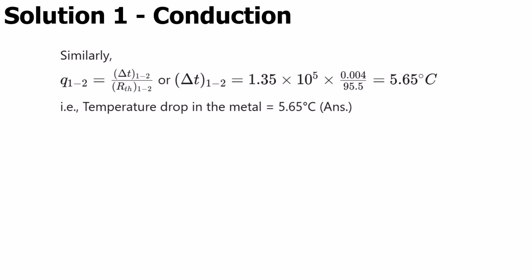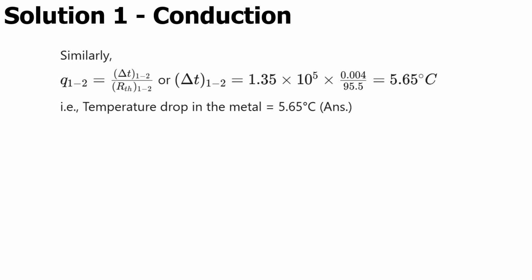Similarly, for the temperature drop across the metal plate, we use Q equals delta T divided by the conductive resistance of the plate. Plugging in the numbers, we find the temperature drop in the metal to be 5.65 degrees Celsius.